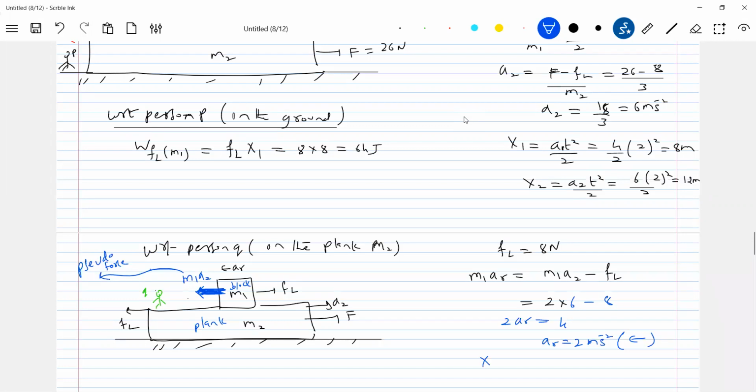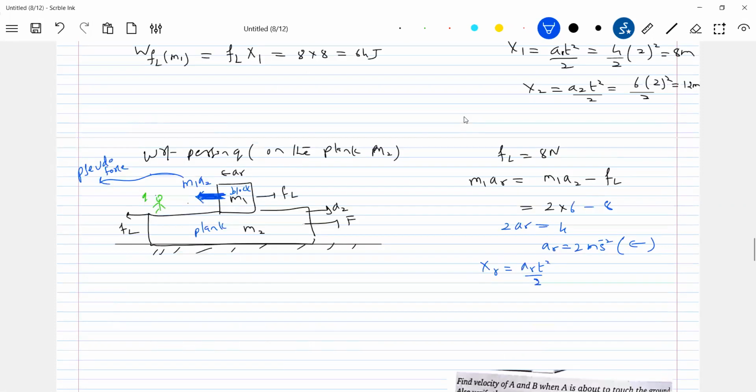I'll calculate XR also. What is XR? AR T square. We are very good in relative velocity, no? I'll apply the same concept. So this is 2, in 2 seconds it is 4 meter. So what should I call XR now?